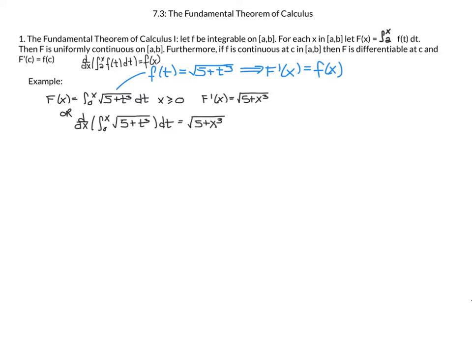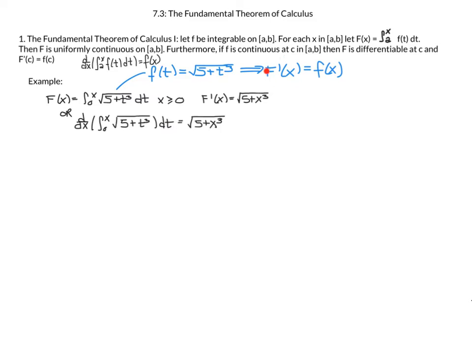And our first example is if we have capital F(x) defined as the integral from 0 to x of the square root of 5 plus t cubed dt for x greater than 0, then F'(x), using this formula here, this form tells us that our f(t) is equal to the square root of 5 plus t cubed. So when we want the derivative of capital F(x), we just need to evaluate f at x.